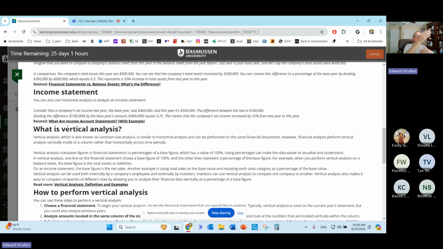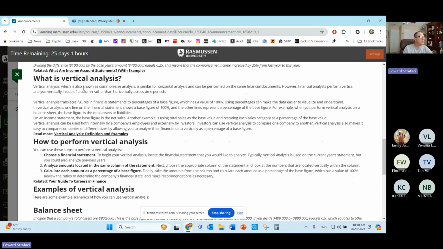How much are legal expenses as a percentage of sales? How much are commissions as a percentage of sales? Now we can compare our company with any company, because no matter how big or small the company is, we're always looking at it as a percentage of the sales number.